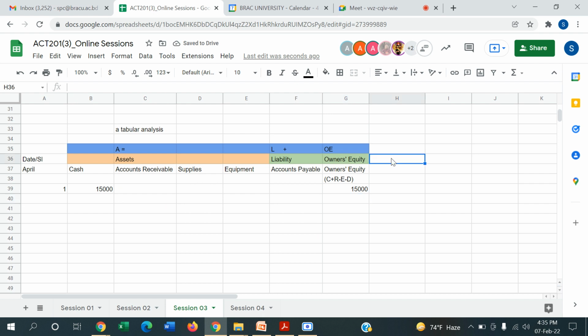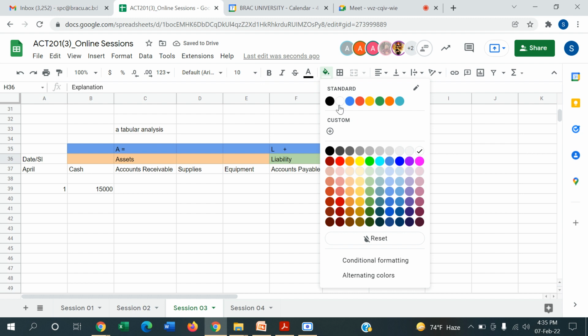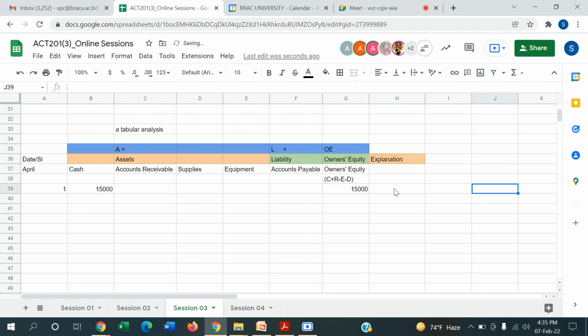And I want to add one more point here regarding explanation. Why have these changes occurred? That also needs to be explained here. What is the reason for the 15,000 increase in cash and owner's equity?